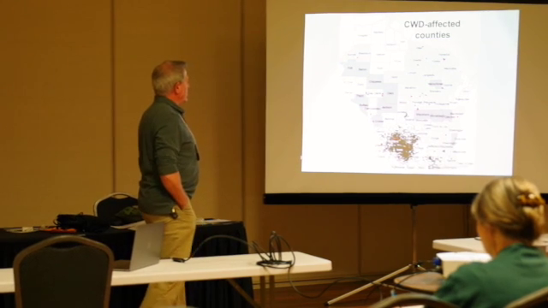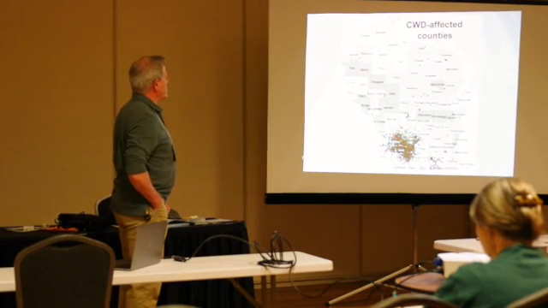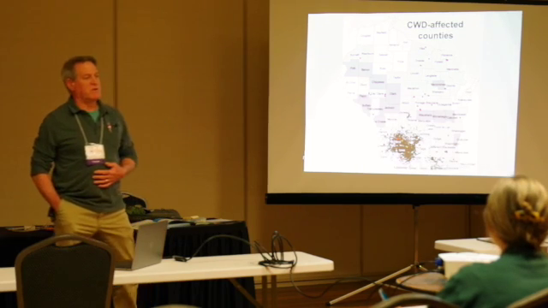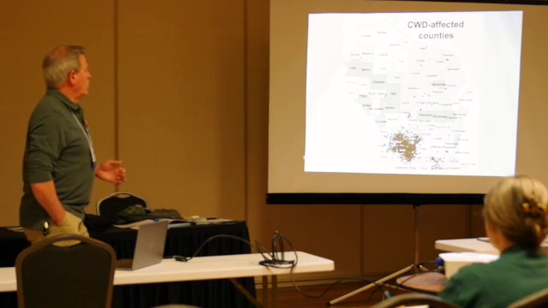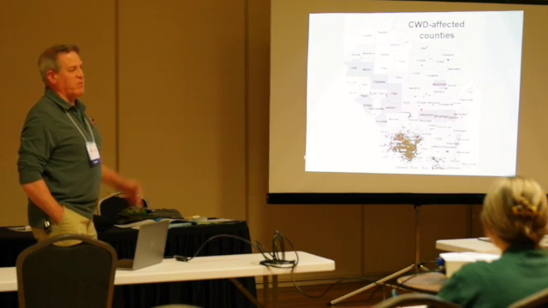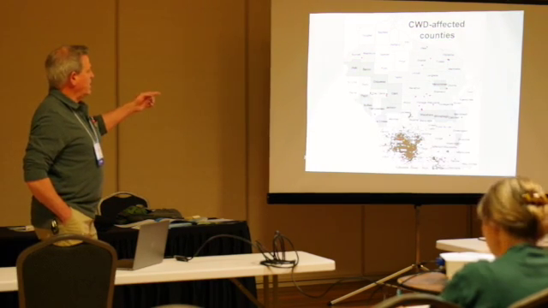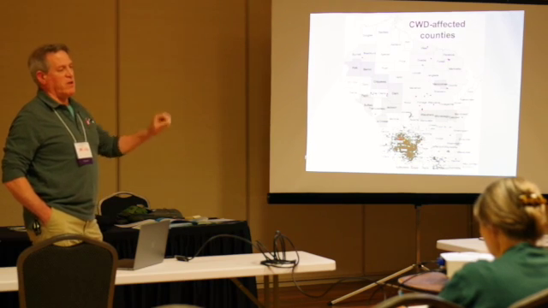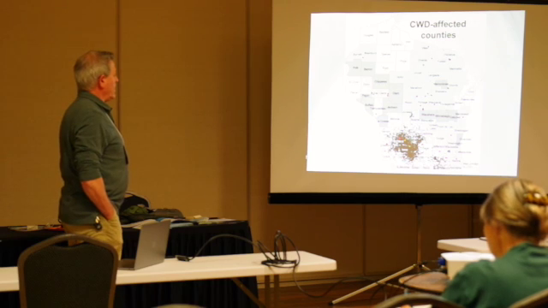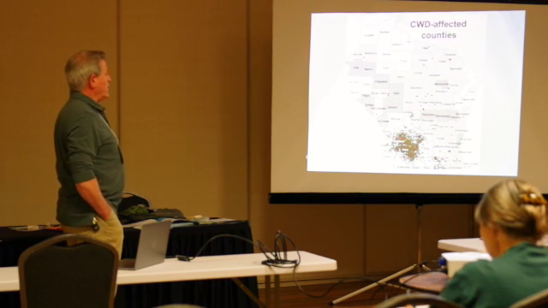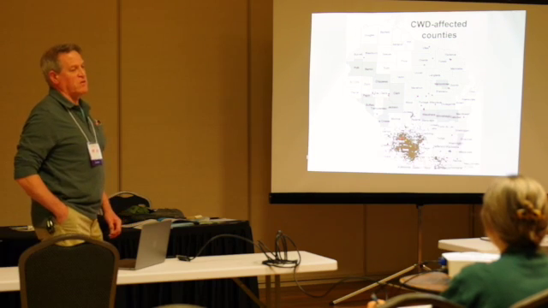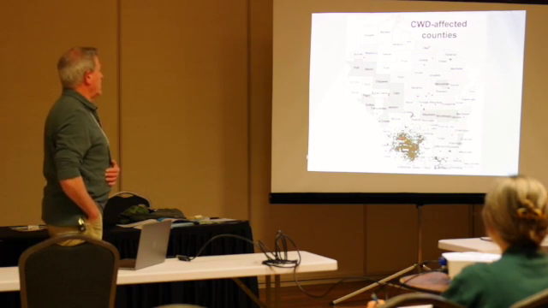The definition under the legal language is any county with a wild or captive positive deer, and any county within 10 miles of that location. So you can see now that there's only a few areas left that are white, meaning they're farther than 10 miles from a positive detection.